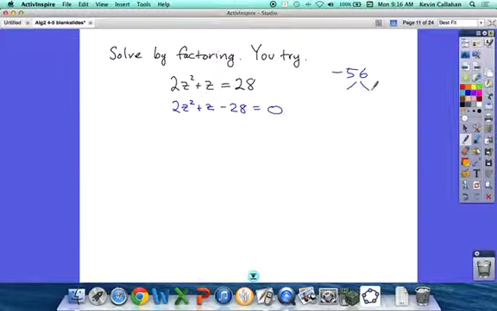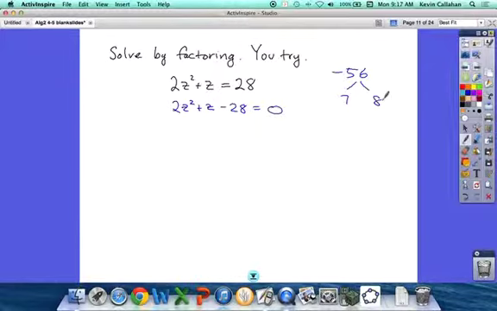So you got to think, what are the factors of 56? That's why if you need multiplication tables, don't be too proud, because that's a pretty basic multiplication table thing. What are the factors of 56? I mean, 1 times 56, 2 times 28, 4 times 14, 8 times 7, right? But which one is going to be the negative and which one is going to be the positive?